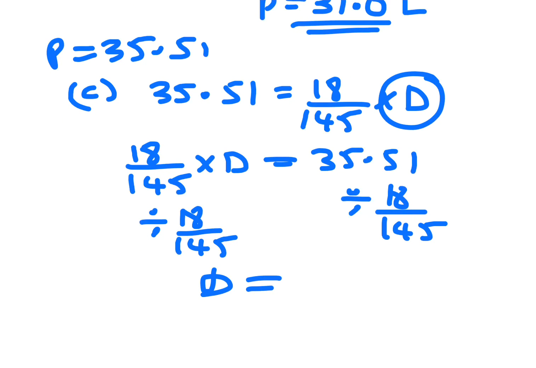So D will equal 35.51 divided by 18 on 145, and you end up with 286.1 kilometres.